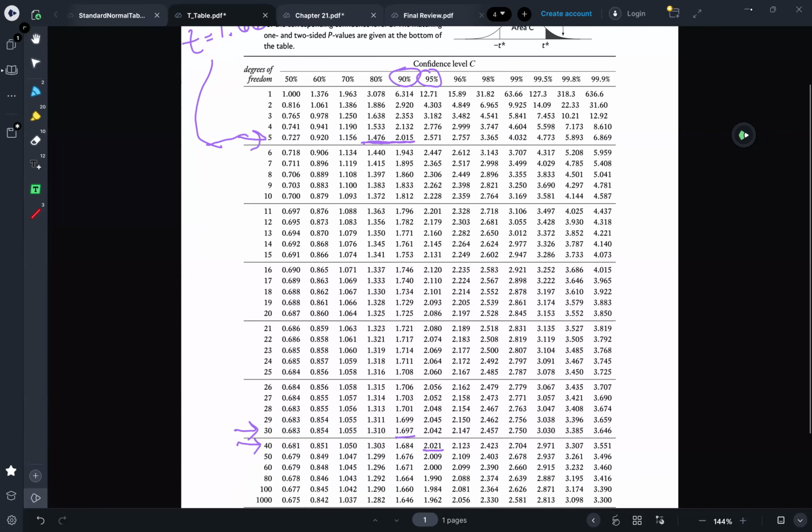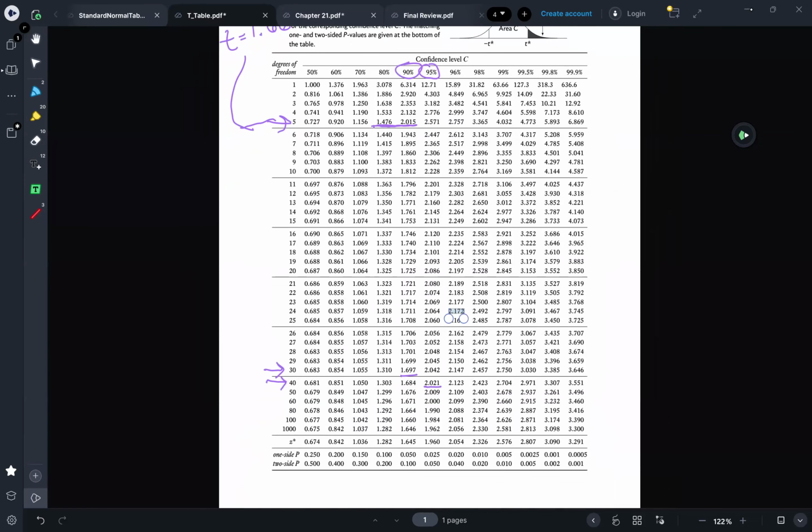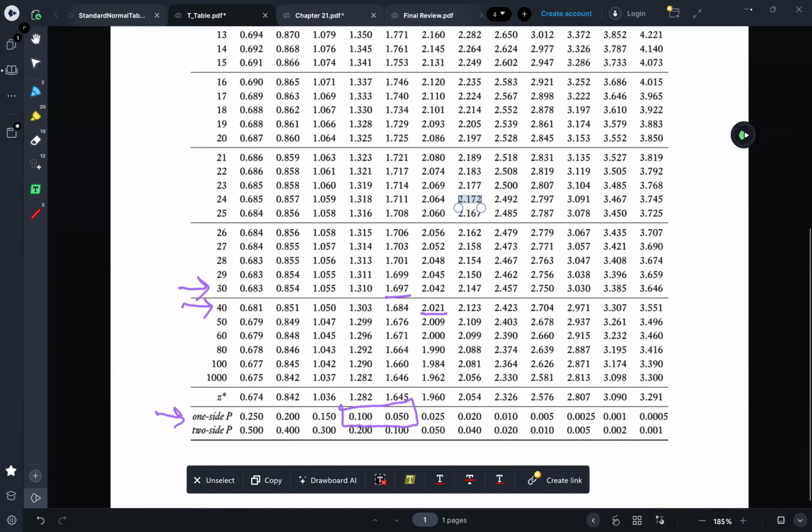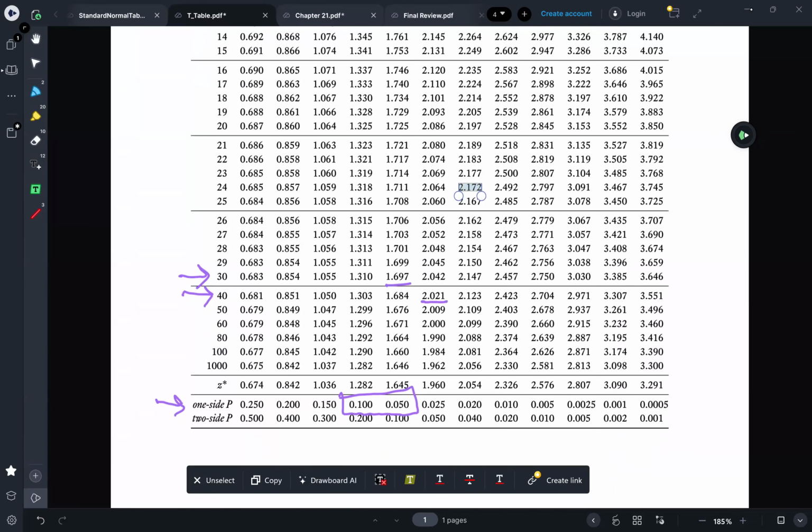And so what we do is we scroll down to the one-sided p. It's right here. It says one-sided p, and we get those two values. There they are right there. So the p-value is between 0.05 and 0.1, so between 5 and 10%.